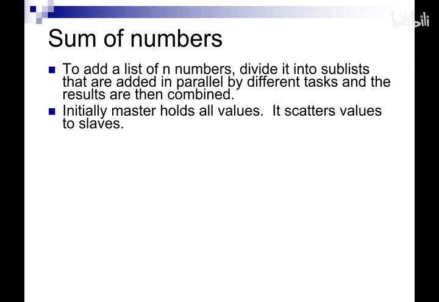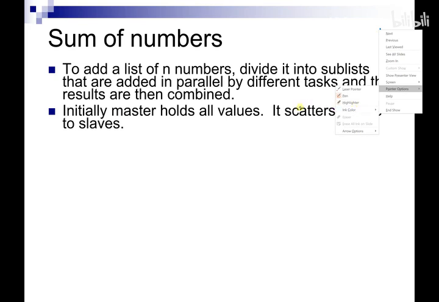So the initial processor divides the list into a bunch of chunks, all of the same size, and gives one chunk to each other processor. Initially you have this master processor. Let's switch back over here.